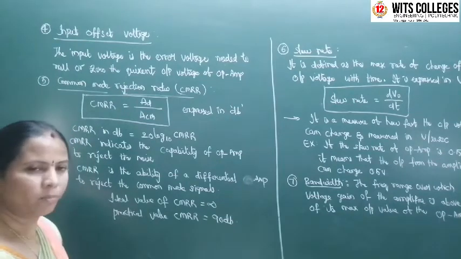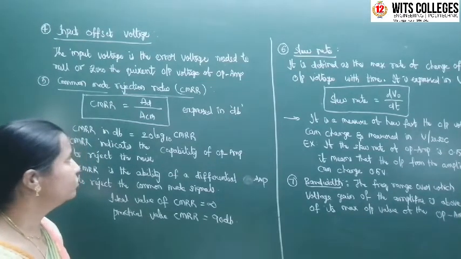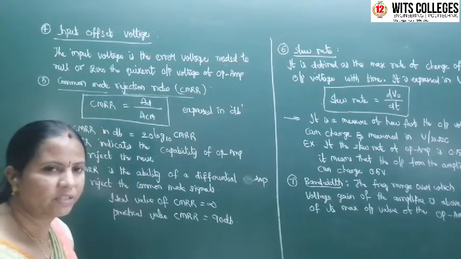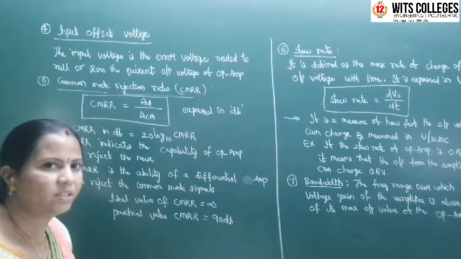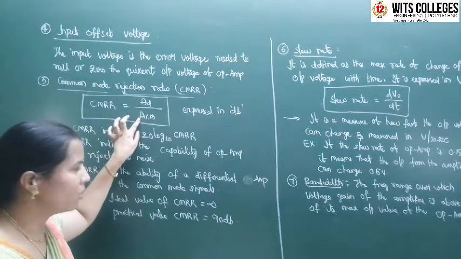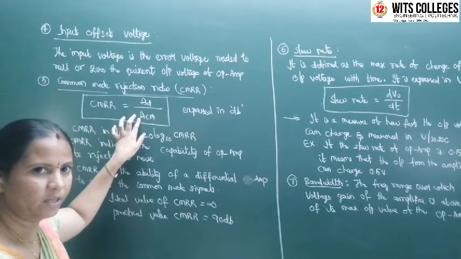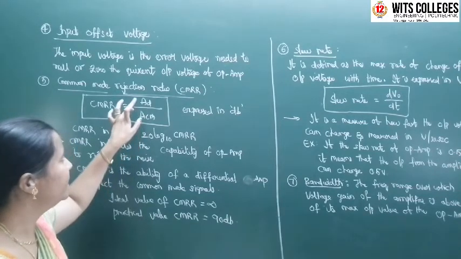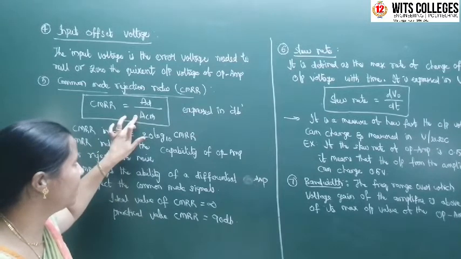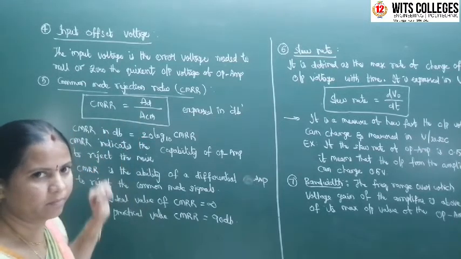Next, coming to the common mode rejection ratio, abbreviated as CMRR. CMRR is defined as the ratio of differential gain, indicated by AD, to the common mode gain, indicated by ACM.